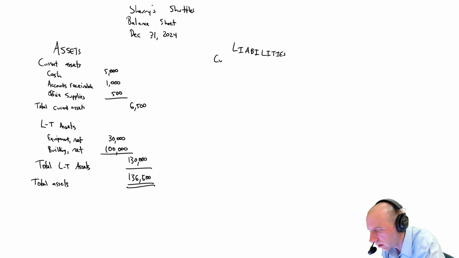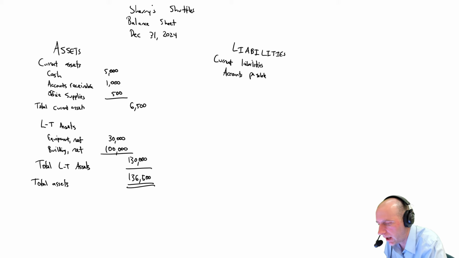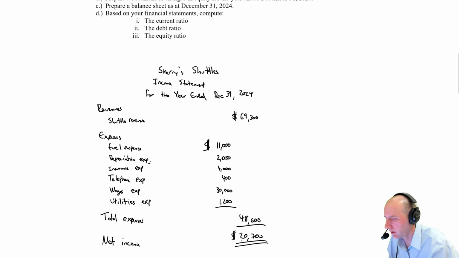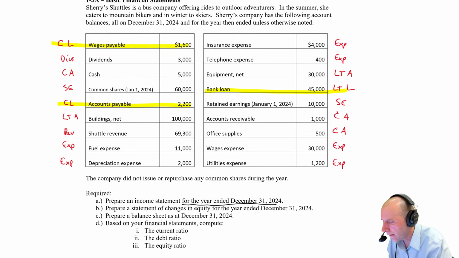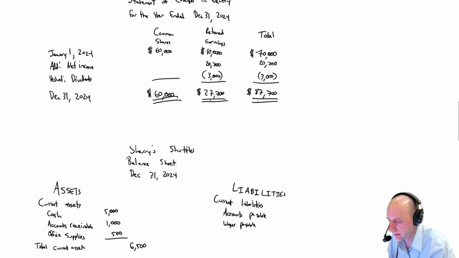So we have current liabilities, and under that we have accounts payable and wages payable. And I've forgotten the amounts, so let's go all the way back up. 2,200 and 1,600.